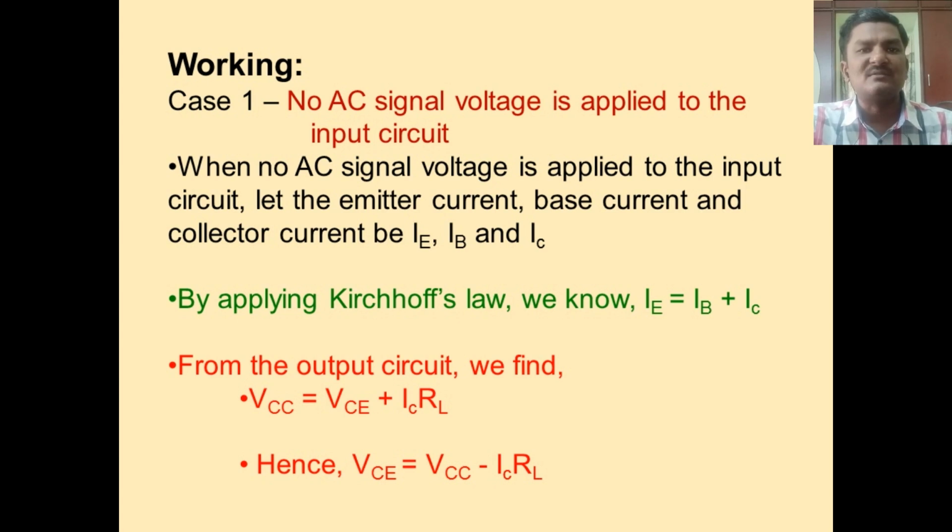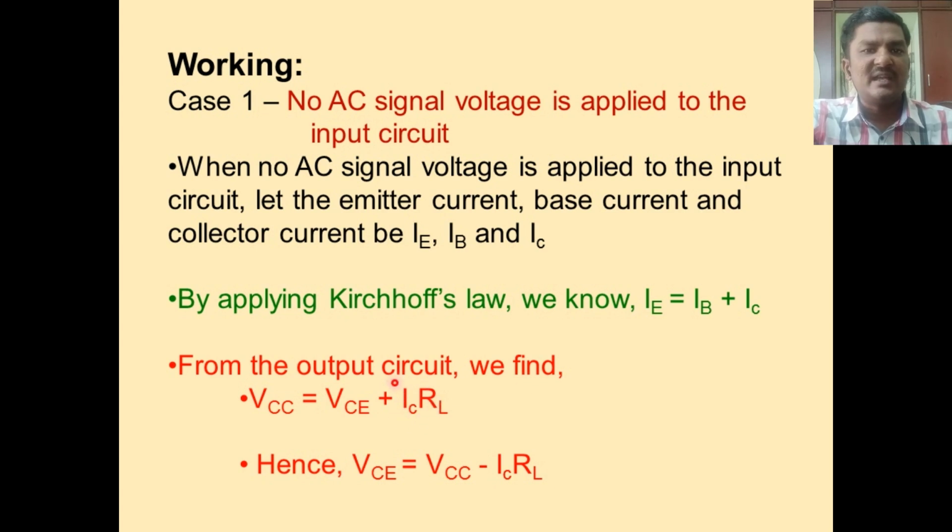IC into RL means voltage drop across load resistance. In the load resistance RL, a current IC is passing. According to Ohm's law, we can write V equal to I into R. The potential difference across the conductor is equal to product of current into resistance of that conductor.